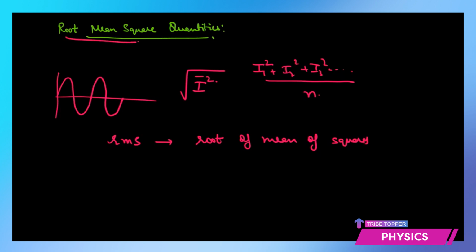Now, how do we find the root mean square of current? Let's find the root mean square current first. We have learnt in our previous videos that I is equal to I naught sine omega t. If I first square the current, I get I square is equal to I naught square sine square omega t.